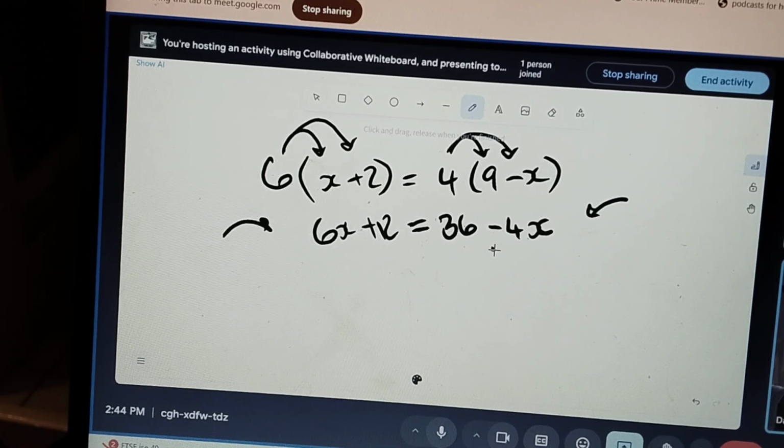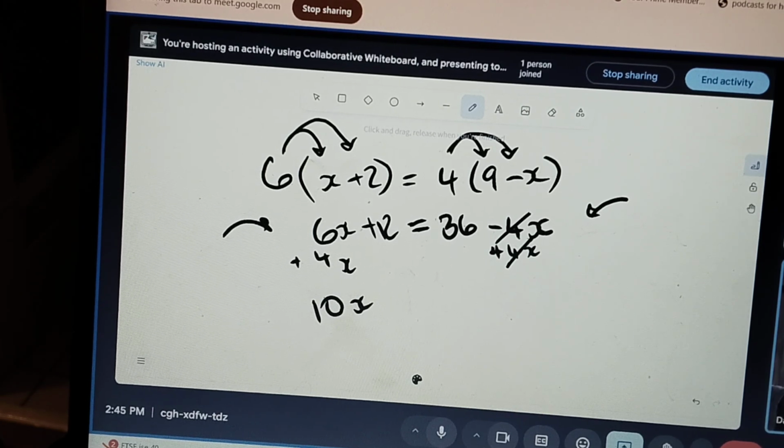So how do we move that minus 4x? You plus. So if we plus the 4x there, that cancels, right? But whatever we do on this side, we do to the other side. So we're going to get 4x plus 6x is 10x, right?